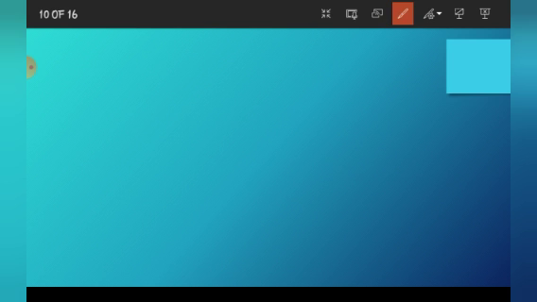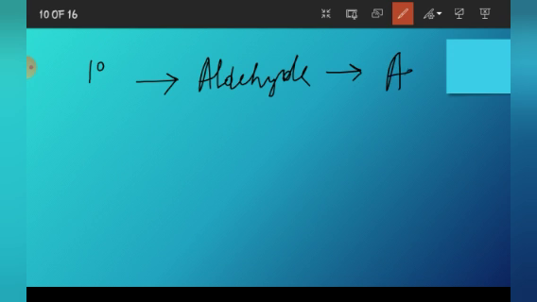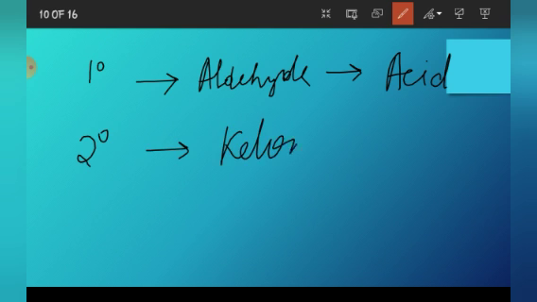So what you need to remember, children: 1 degree alcohol with a strong oxidizing agent gives aldehyde and then acid with the same number of carbon atoms. 2 degree alcohols are oxidized to ketones, and further oxidation is very difficult. 3 degree alcohols also undergo oxidation under vigorous conditions.